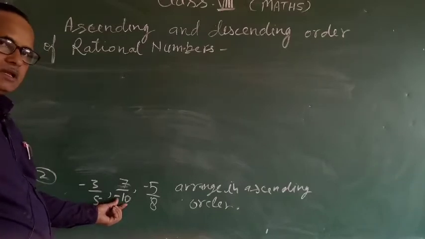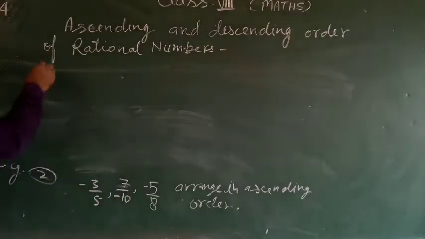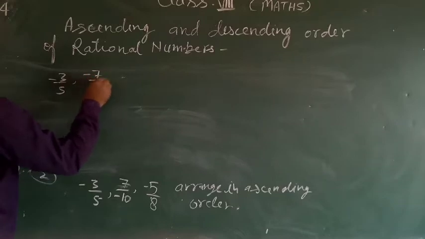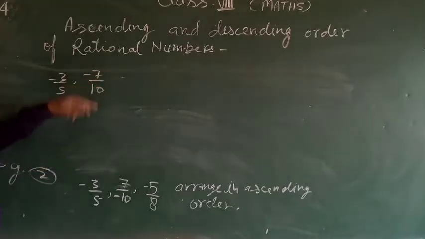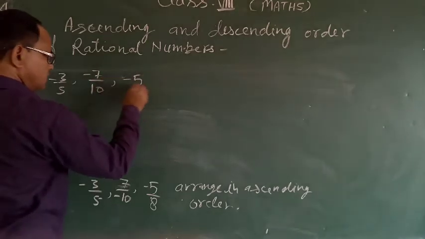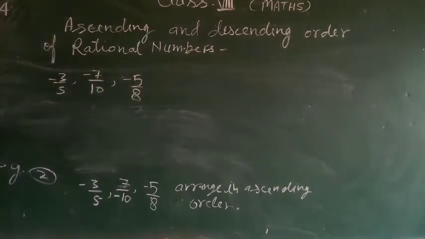It should be positive. So minus 3/5, minus 7/10 after converting to standard form, and minus 5/8. Okay, students?